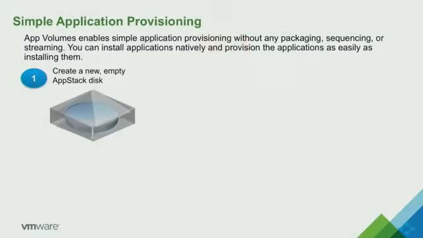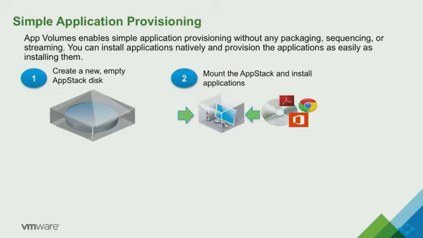All right, so to create the app stack in the App Volumes Manager, what you do is you select that you want to create an app stack. It makes a copy of an empty VMDK file. Okay? The App Volumes Manager asks you to choose a virtual machine. You choose a Windows VM. It connects it to that disk and installs the applications.